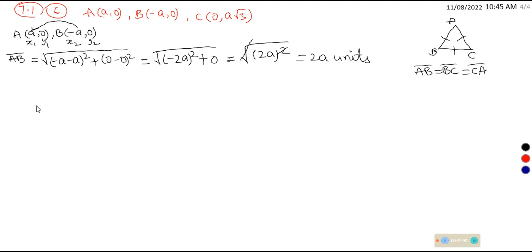Okay. Now we'll see the next, BC distance. B is minus A, 0 and C is 0, A root 3. Here it will be x1 y1 and x2 y2.